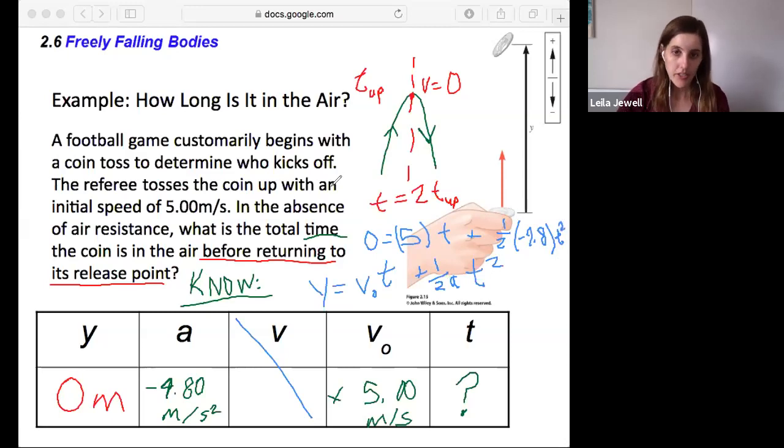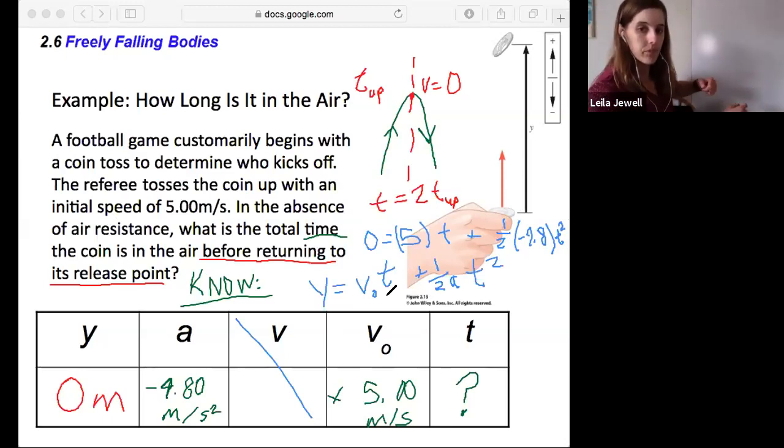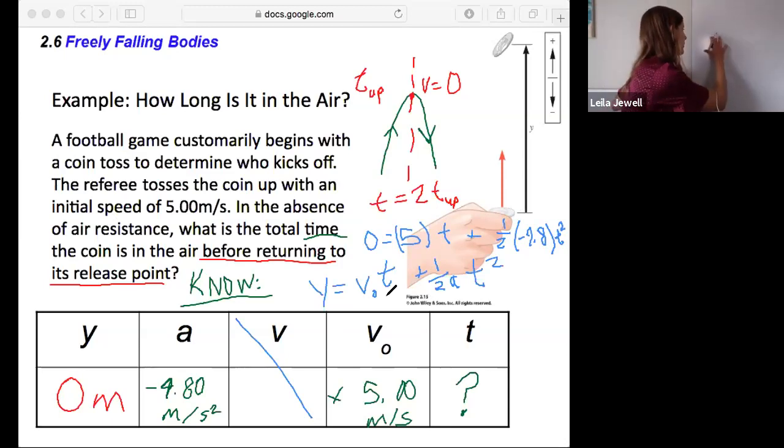So if I add these to the other side or subtract them to the other side, we are left with, and this is getting really messy, so I'm going to switch to the whiteboard. 9.8, 1/2 of 9.8 becomes actually 4.9.